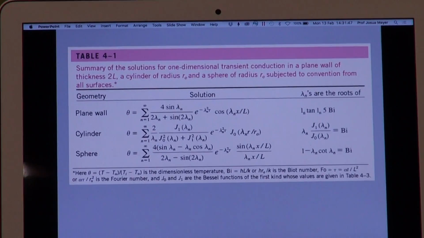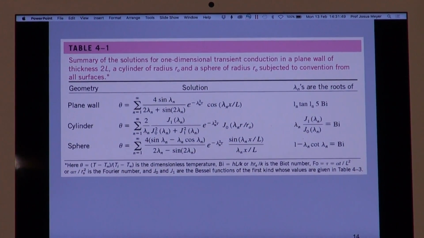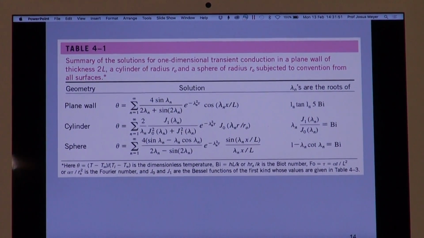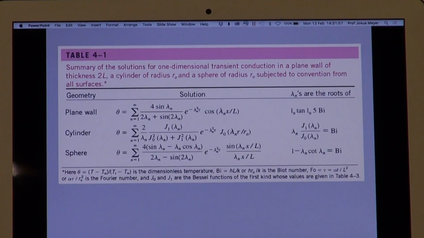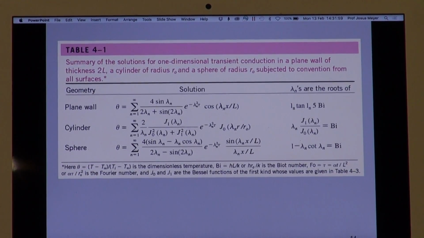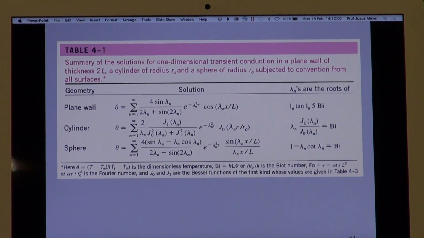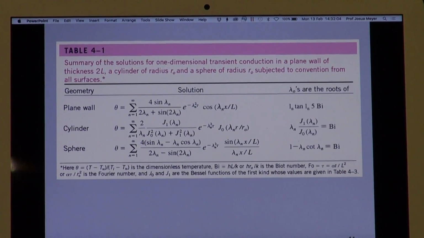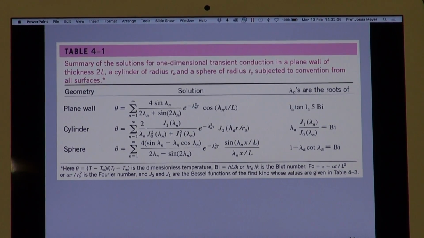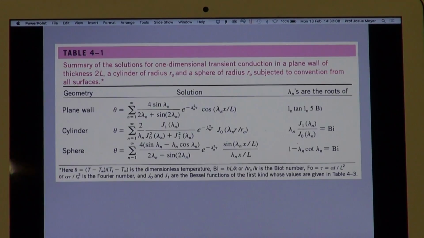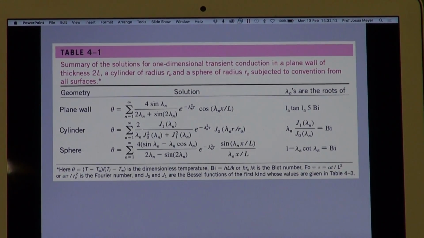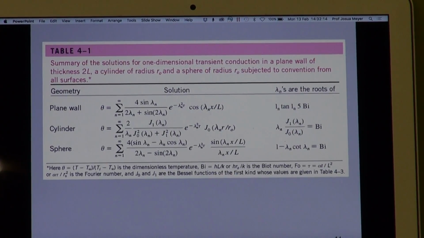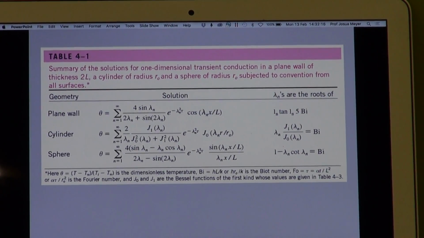The solution is an infinite series, and from previous work, if you've worked out many examples, it can be found that if tau is larger than 0.2, then you only have to use the first term. And the first term approach can be written in simpler equations, given in your textbook, and it can also be given for the special case at the center.